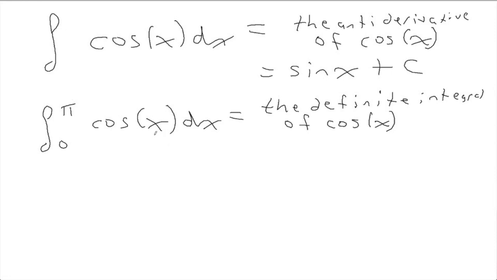Technically, you count areas above the x-axis as positive and areas below the x-axis as negative, but giving a full interpretation would be more than we can expect. So we can just say this represents the area between the curve and the x-axis between 0 and pi.